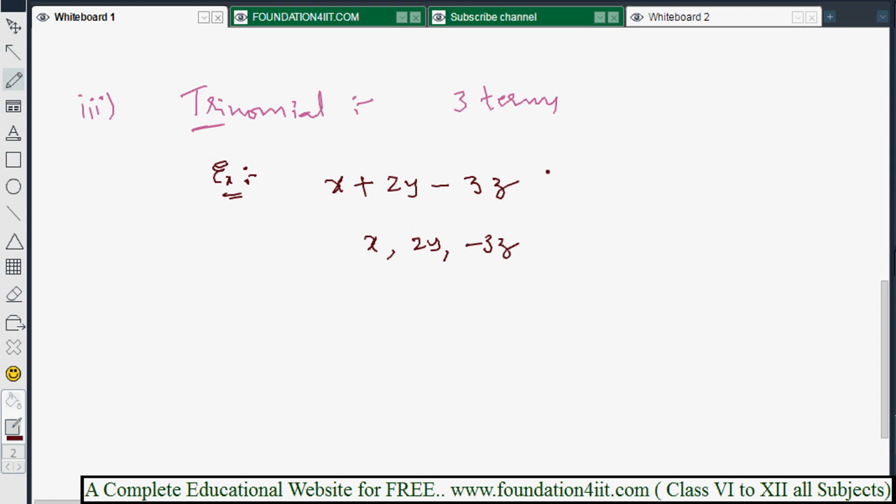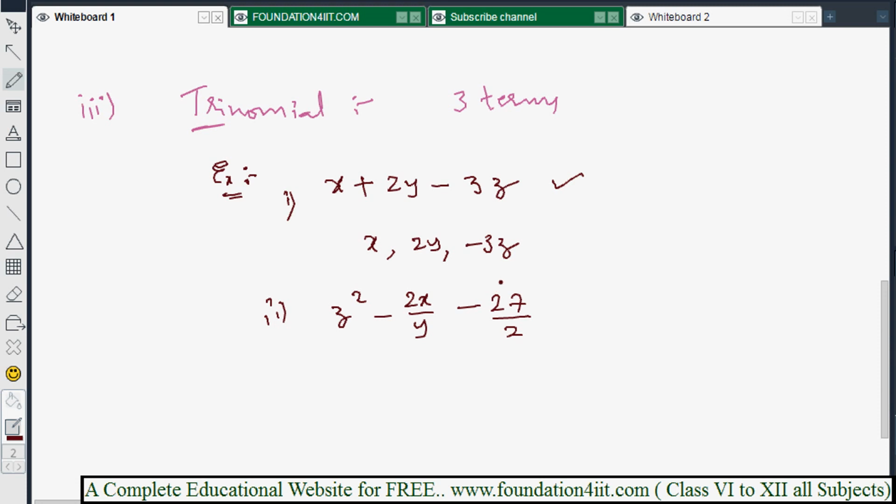These are examples of trinomial. And you can write z square minus 2x by y minus 27 by 2. There should be three terms, here namely z square, minus 2x by y, and minus 27 by 2.